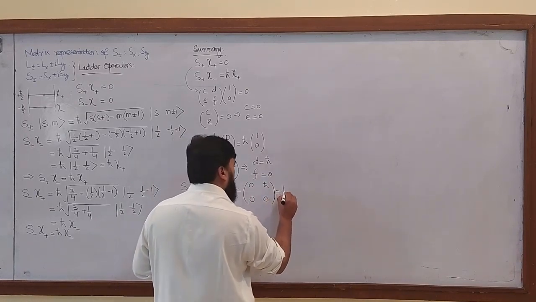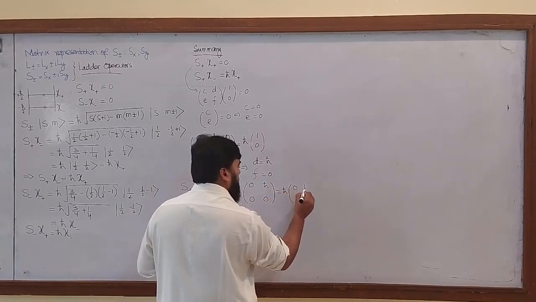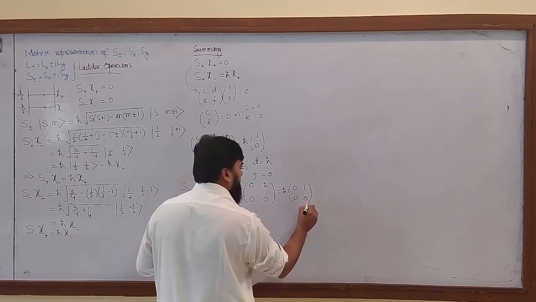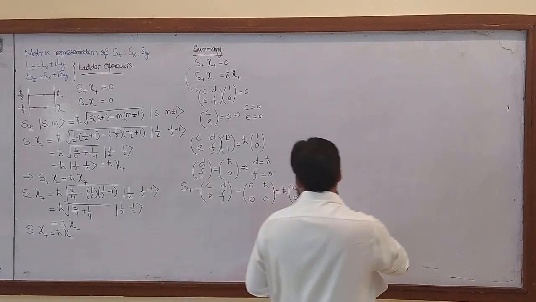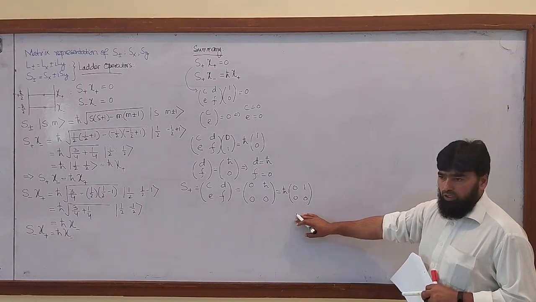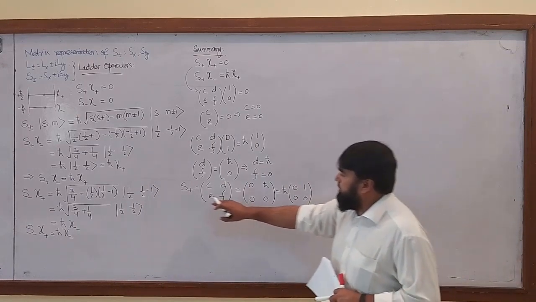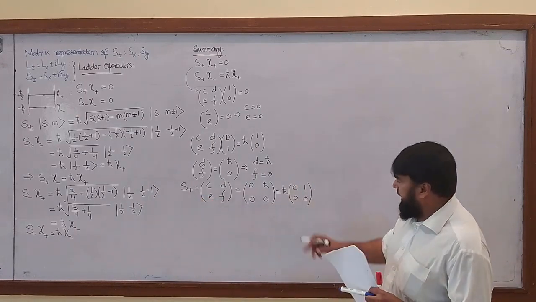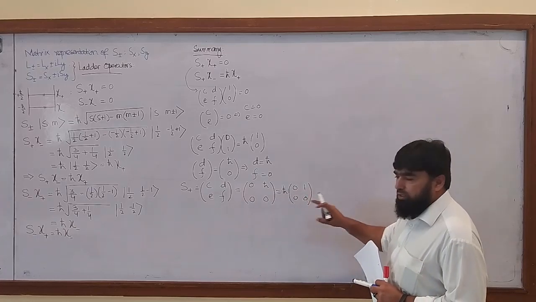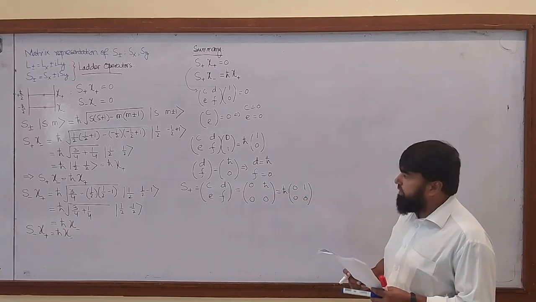So this is equal to h bar times 0, 1, 0, 0. Right? So you got S plus is h bar times 0, 1, 0, 0.